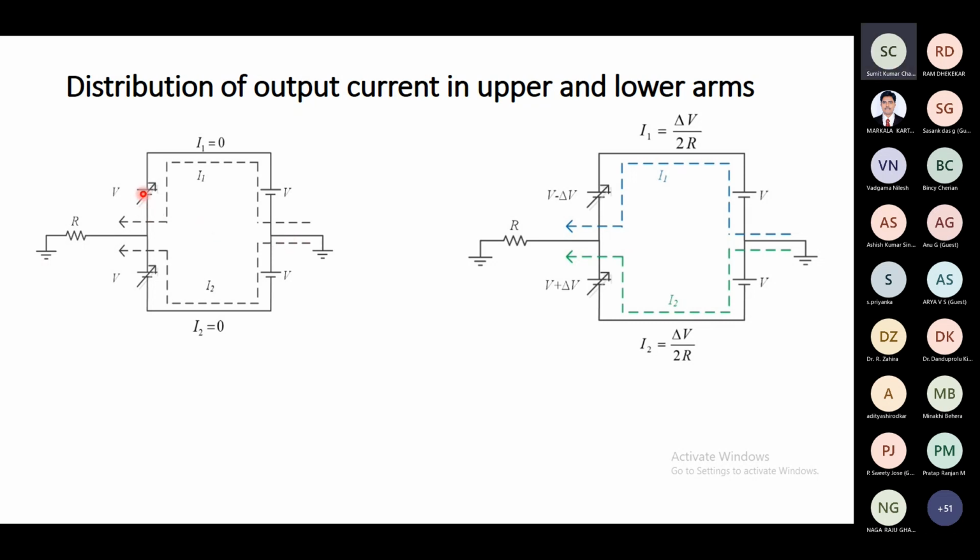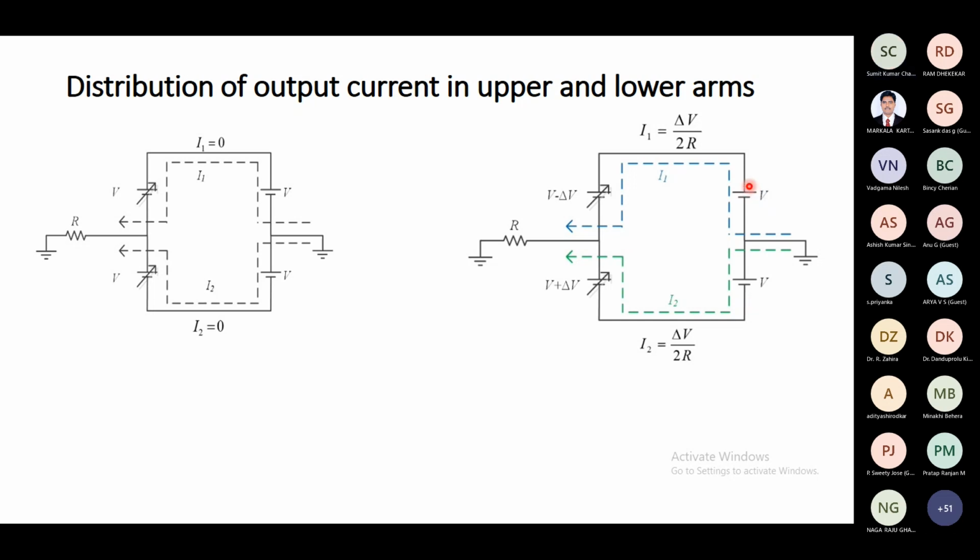if we change the voltage of the upper arm, reduced by an amount minus delta V, and added by an amount in the lower arm, plus delta V, you see Kirchhoff's voltage law is still satisfied here. This is V minus delta V and V plus delta V. It becomes a total of 2V, and here also it is 2V.